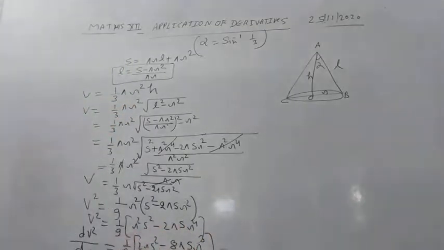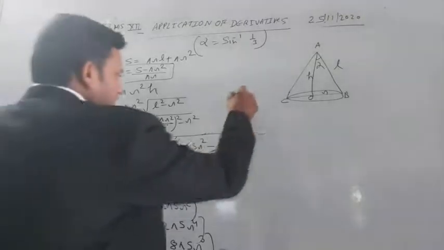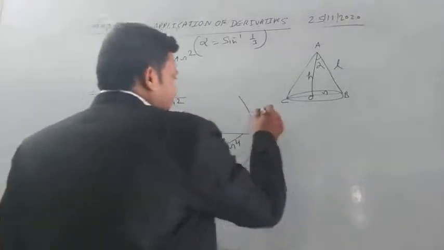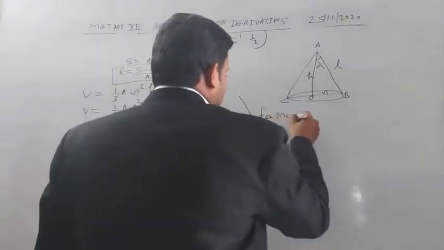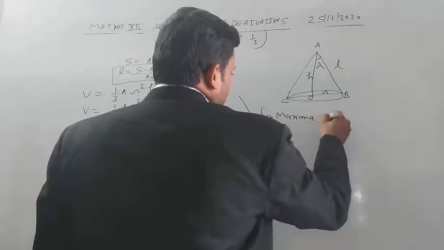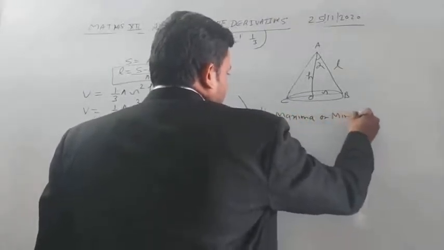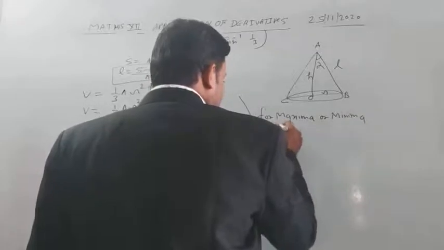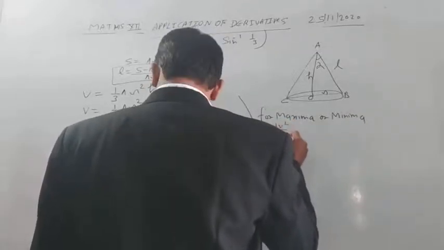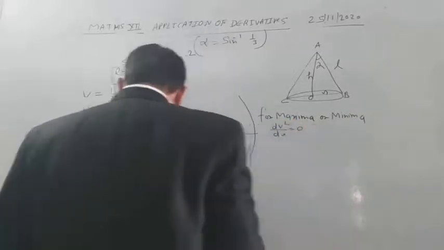Now we will write the condition for maxima and minima. We know that for maxima or minima, dV square by dr will be equal to 0.